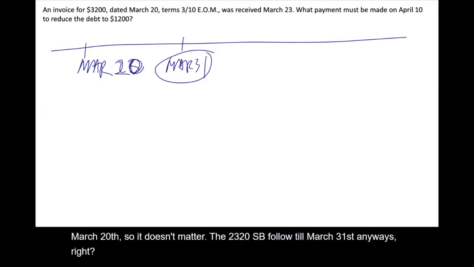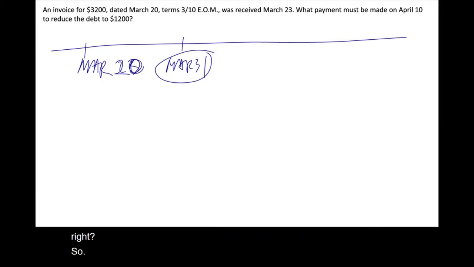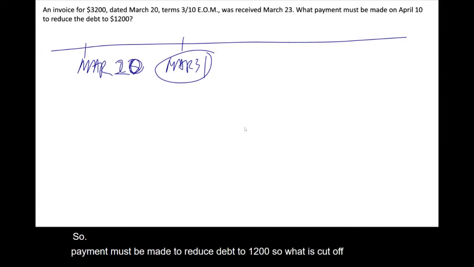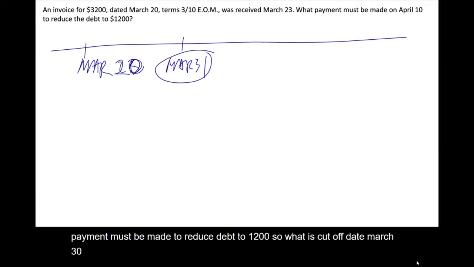So payment must be made to reduce debt to 1200. So what is the cutoff date? March 31st gives me 10 days, so that will be April 10th.